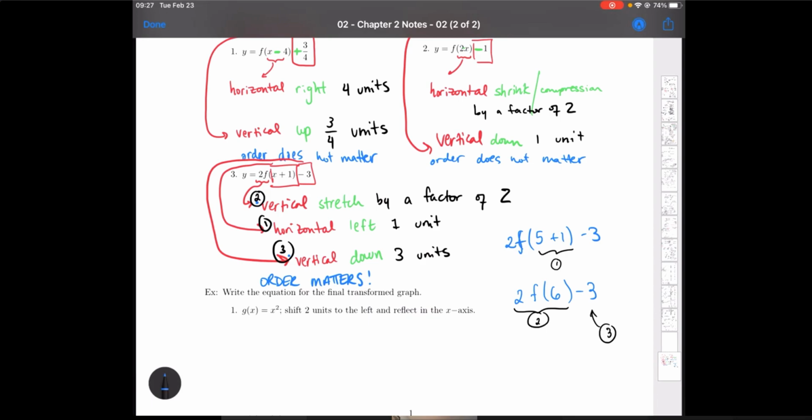On the exam, when I ask you to do a question like number 3, you'll get most of the credit for writing down the transformations. The order will be part of the question. So if you forget to do 1, 2, 3 and labeling it that way, you're going to lose some credit on that question. Right? Because in this case, the order does matter.